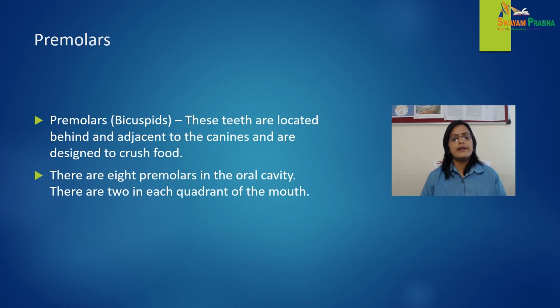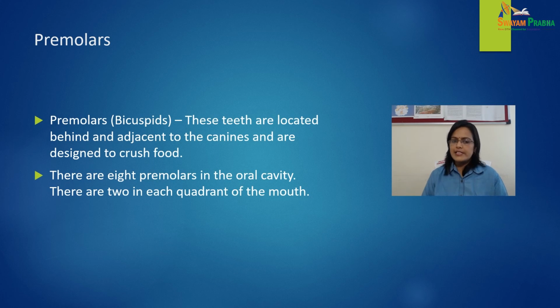There are 8 premolars in the oral cavity, 2 in each quadrant of the mouth. The one closest to the midline is the first premolar and the farthest from the midline is the second premolar.